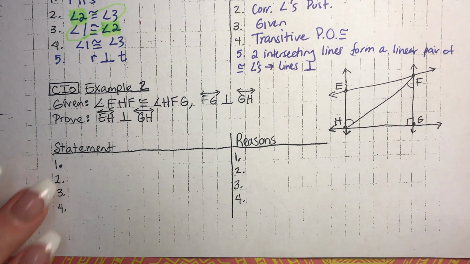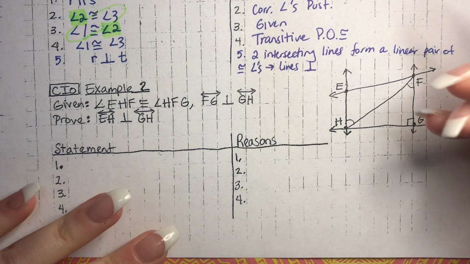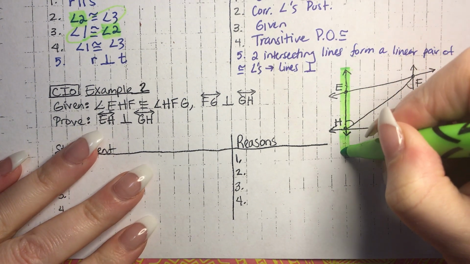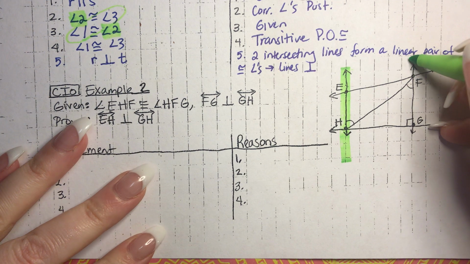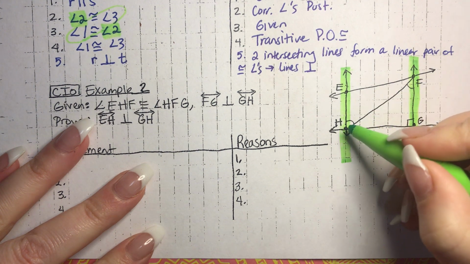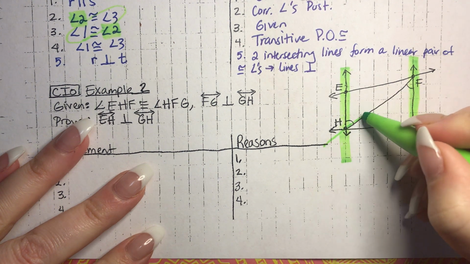Okay, so we know that. Sometimes when I have more complicated pictures like this, I just want to try to make it simple. The way I'm going to make this picture a little bit simpler is by taking this line and extending it here, then taking this line and extending it here, and then taking this line and extending it right here.